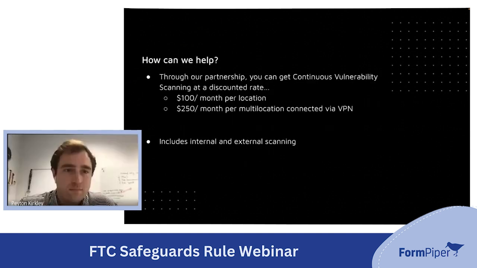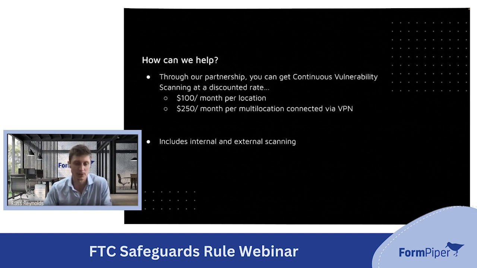Mm-hmm. And how can we help? Peyton talked about this partnership that we put together. We worked really hard to offer a significant price discount for our customers and prospects. Depending on which route you go, it's $100 a month per location, or $250 a month for multiple locations connected to a single VPN.